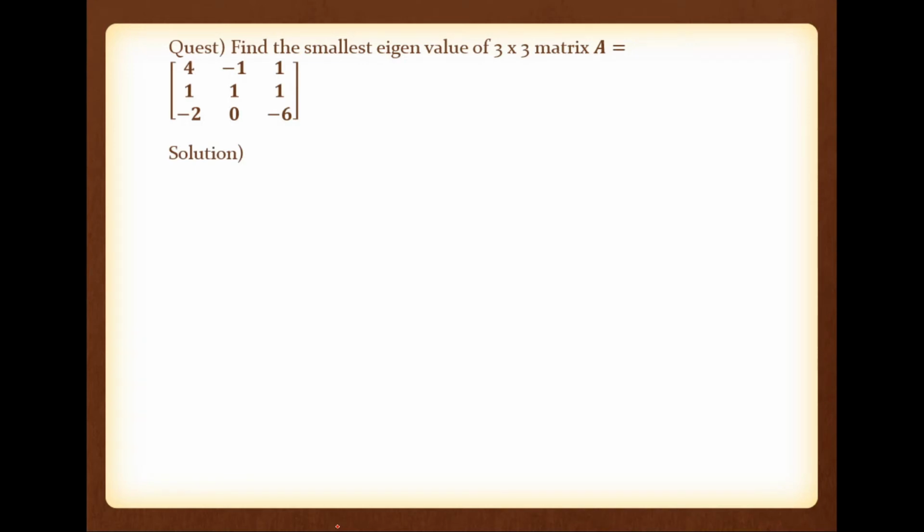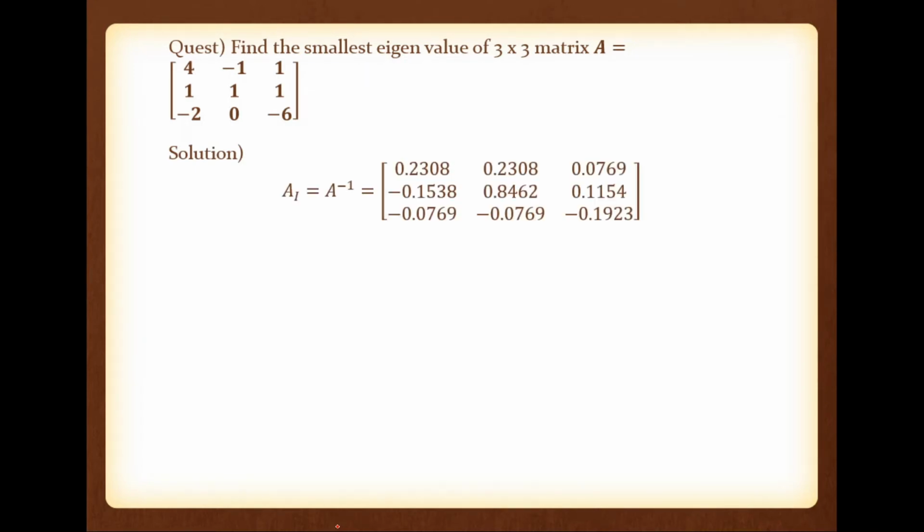For that purpose, find the inverse of this A. So the inverse of this matrix, AI, is equal to 0.2308, 0.2308, 0.0769, -0.1538, 0.8462, 0.1154, -0.0769, -0.0769, -0.1923. So this one is the inverse of A.